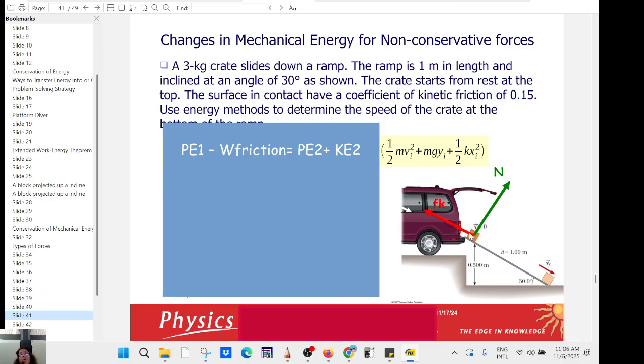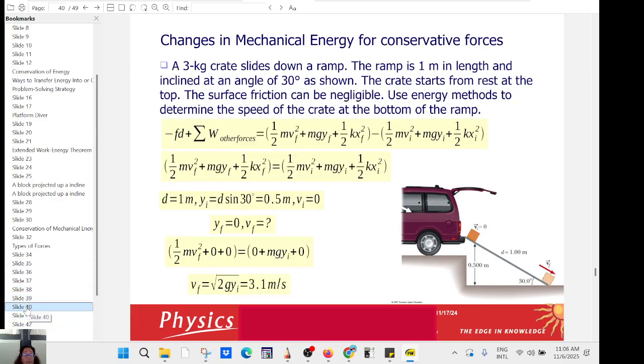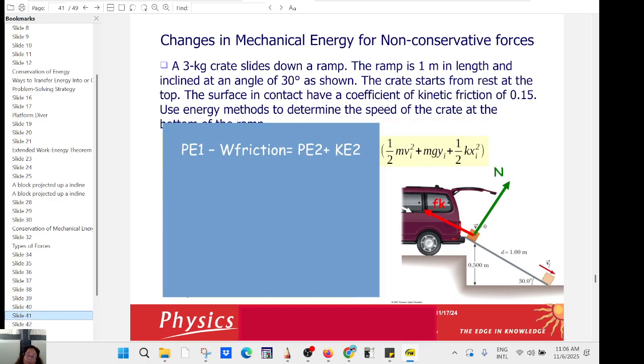So what's going to happen now if you have kinetic friction? The work done by kinetic friction is just the force times the distance, not the displacement, the distance.